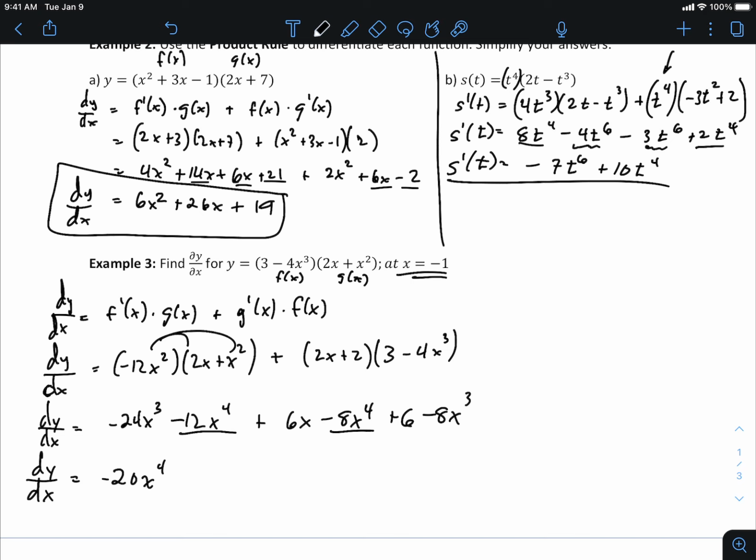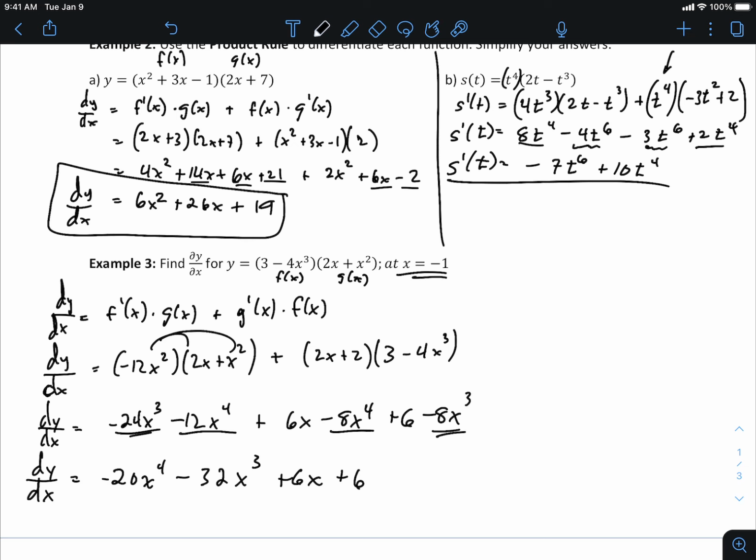So negative 20x to the power of 4, negative 24x cubed minus 8x cubed would be negative 32x cubed plus 6x plus 6, if I'm not mistaken.